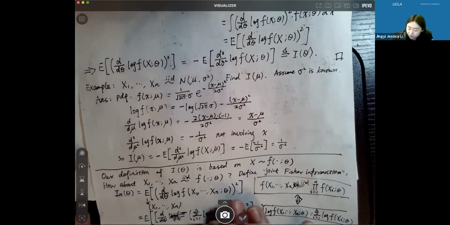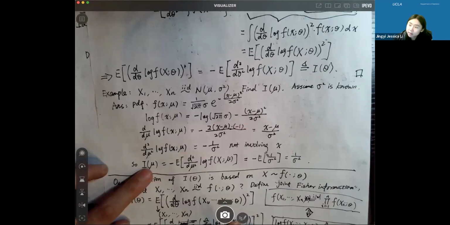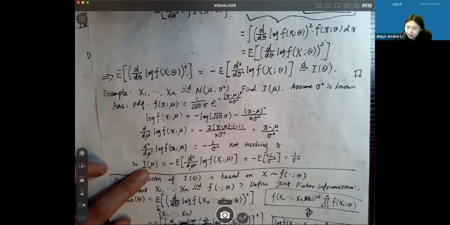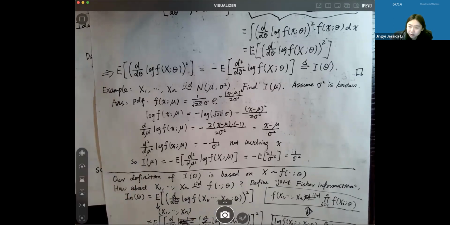Recall that for estimating mu, no matter if you use MOM, method of moments, or MLE, maximum likelihood estimation, the two approaches give you the same estimator, the sample mean X bar. Now let's see how well its variance is doing.